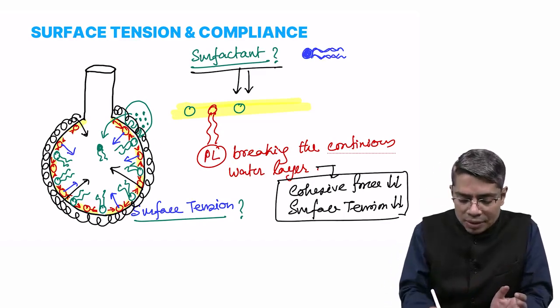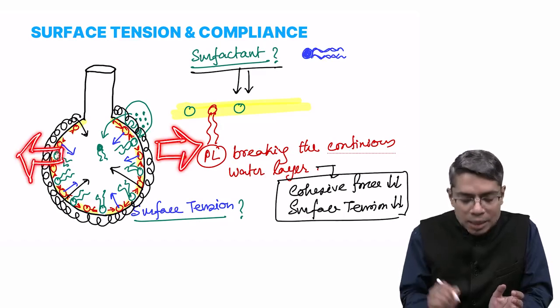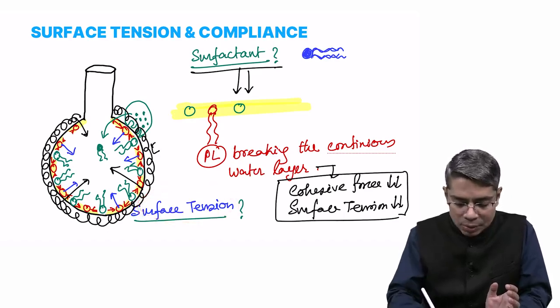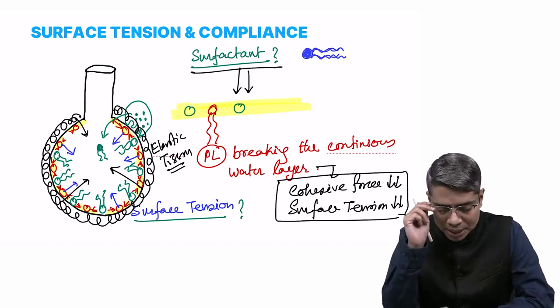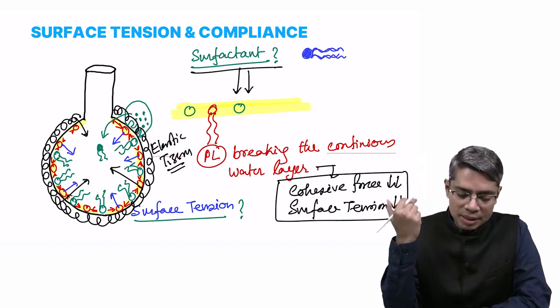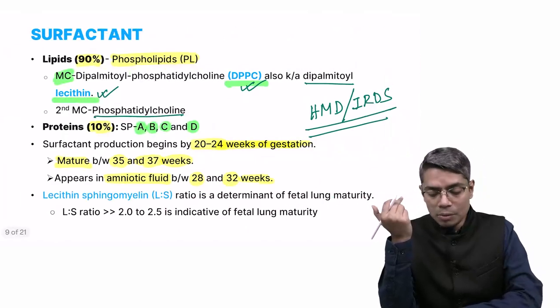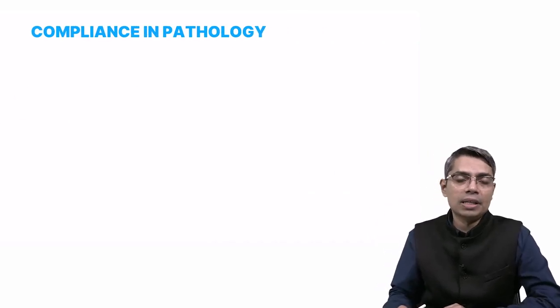So if I try to expand this alveoli, there are two major opposing forces. One is the surface tension and the second one is the elastic tissue. With this concept, we are going to understand what will happen to the compliance in a pathological scenario, if the elastic tissue is destroyed or if the surface tension is more.